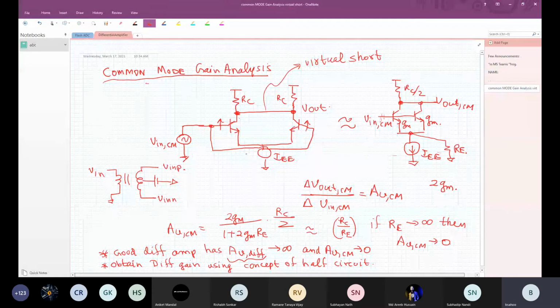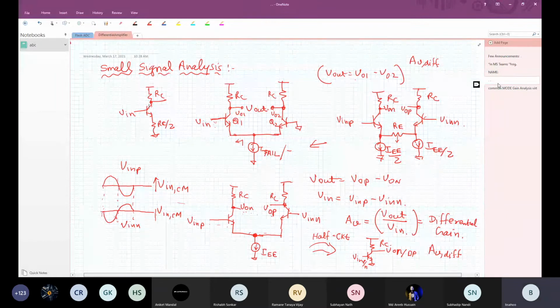So in this circuit, suppose there is a resistance RE over here, and a resistance R1 here.